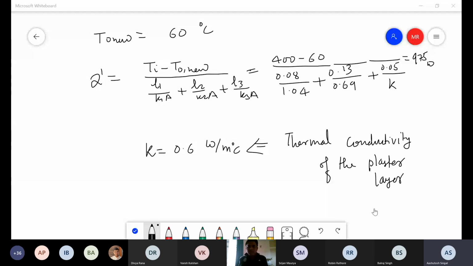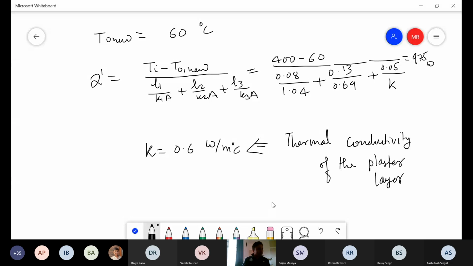Sir, just one question: why did we assume unit area in both the cases? It's not given. Otherwise you will get all your answers per unit area, isn't it? If you don't assume, you will get all your answers per unit area, so that's something we have to assume by default.